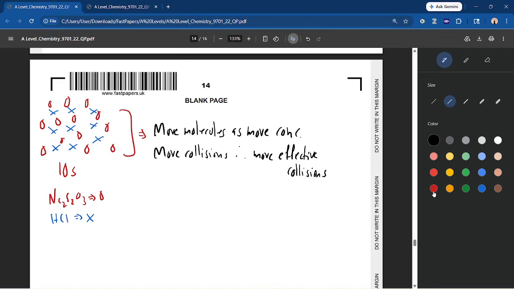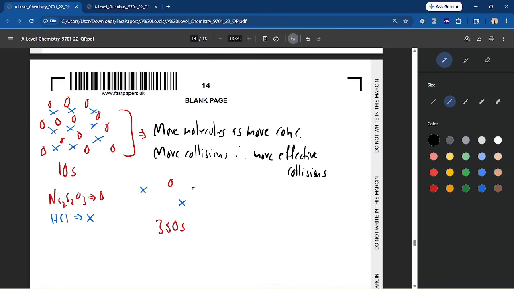Whereas if you take a look at this at, let's say, 350 seconds, that's when you've probably got maybe one. And let's say you've got maybe two, and you've got one of this.